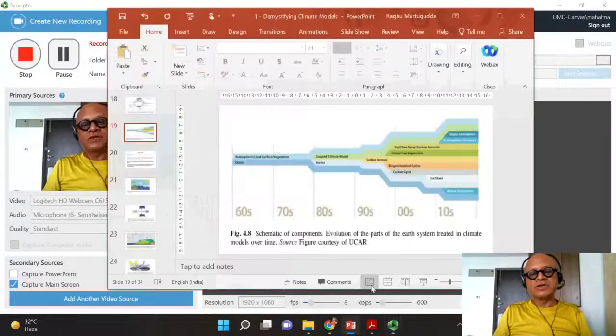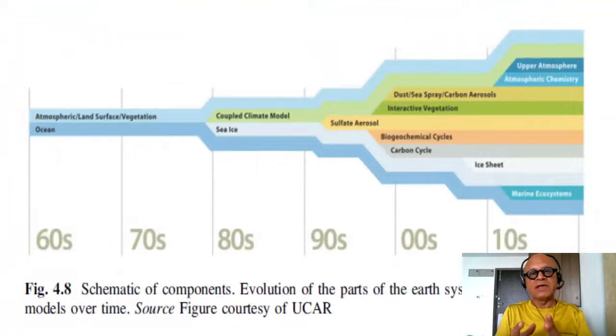So the book has chapters on the components of the climate model, mostly atmosphere, ocean, and land. One could think of humans as now a part of the climate system as well, in what is called external forcing.